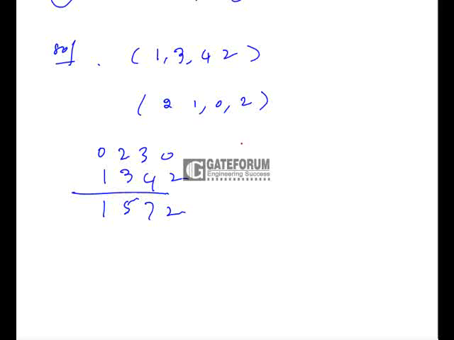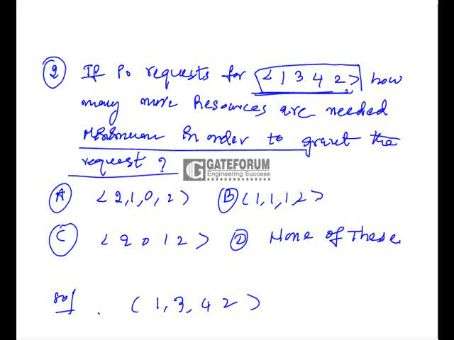P0's need is 0 0 0 0. Usually when the request is greater than the need, it will be terminated, but we are supposed to find the minimum number of resources required for granting the request. So you have to calculate the total.